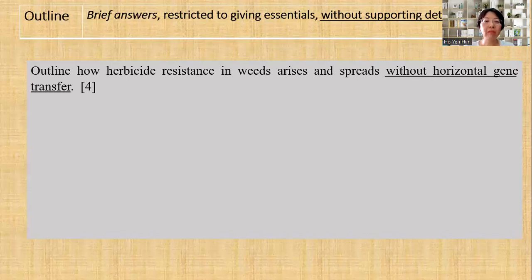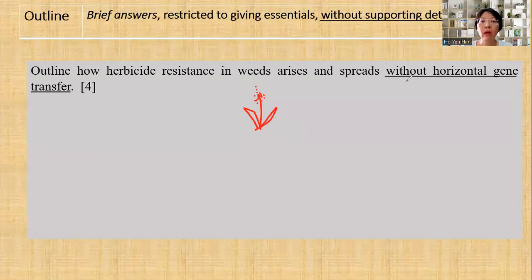Okay, what does it mean? Herbicide resistance in weeds can arise and spread without horizontal gene transfer. Now, that means to say that this is a wheat plant. Okay, this is a wheat plant here. Wheat, herbaceous, I draw it herbaceous.